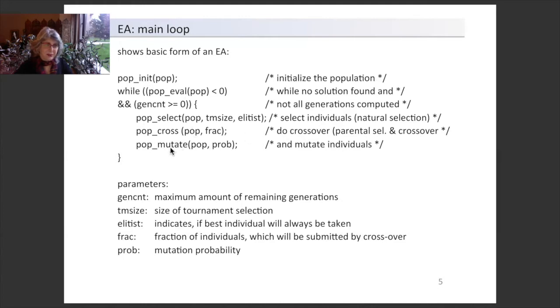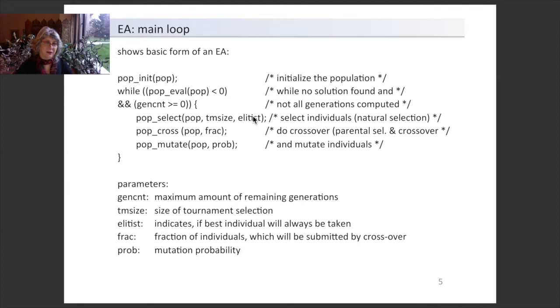Here we have some parameters, and the explanations of the parameters are as follows. Now we are going to consider the parameters used in the algorithm. Gene count is the maximum amount of remaining generations used in the loop. Tournament size, TM size, is the size of tournament selection.